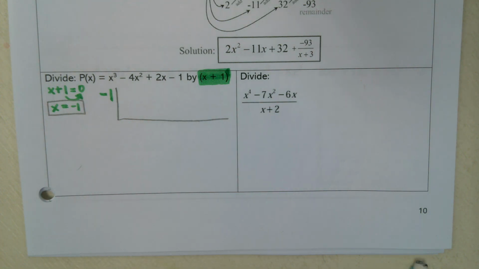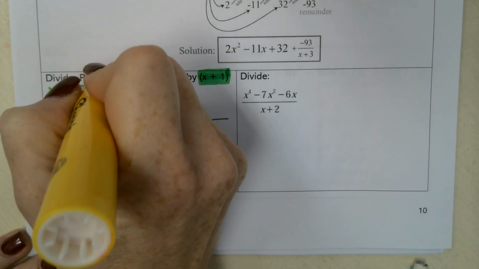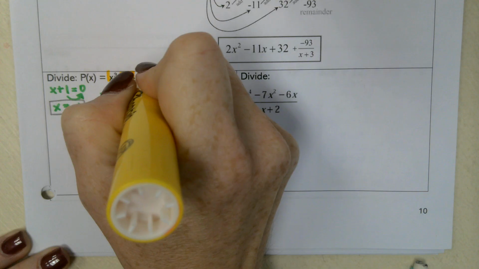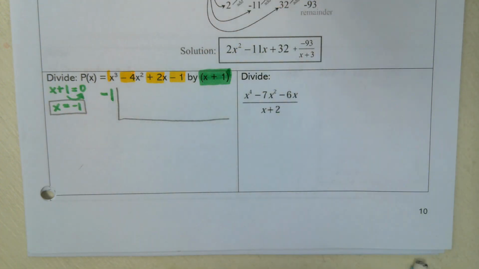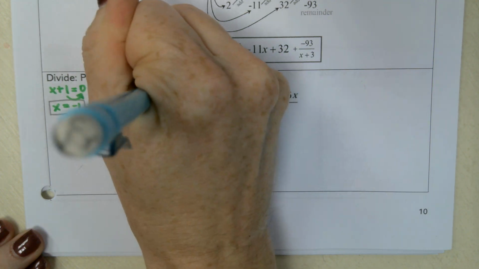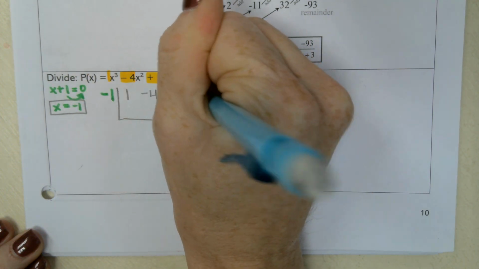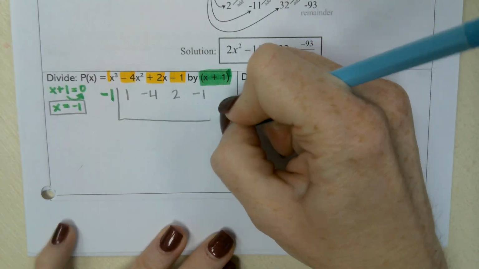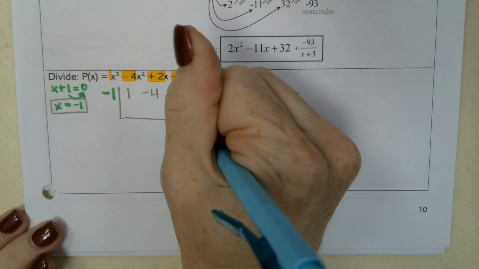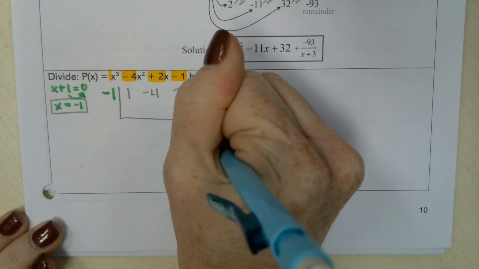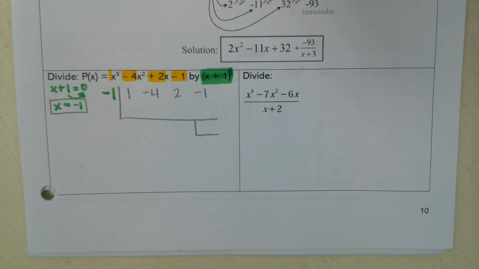No. So I'm going to use my coefficients: 1, negative 4, 2, and negative 1. I'm going to write those coefficients on the inside of my upside down division bar. Don't need as much space. And underneath the last one, I am going to create what I call my remainder box.